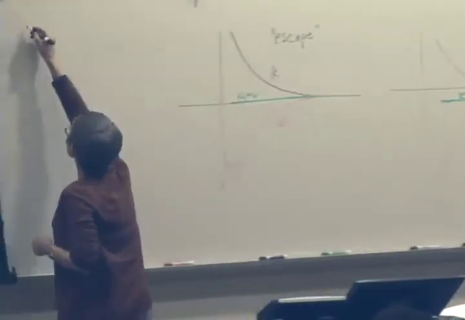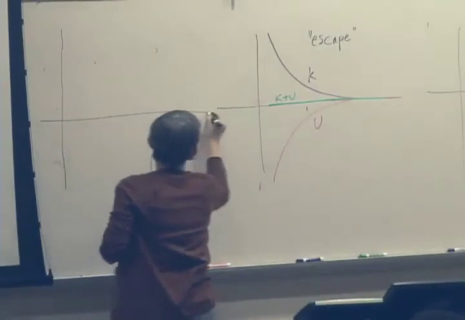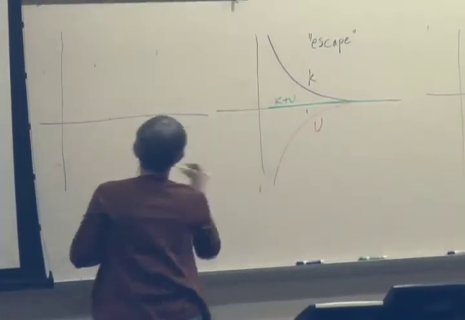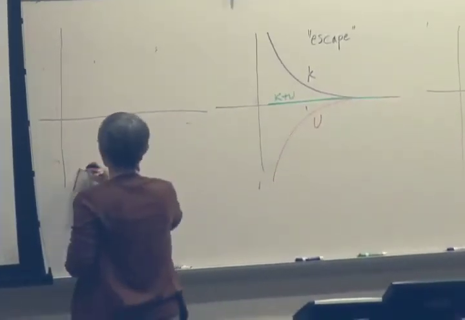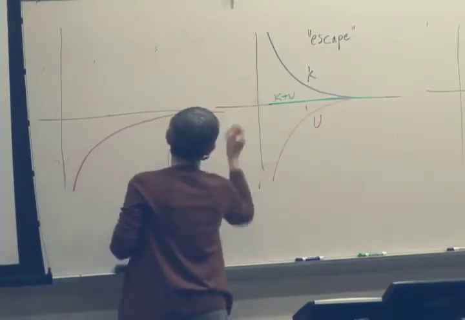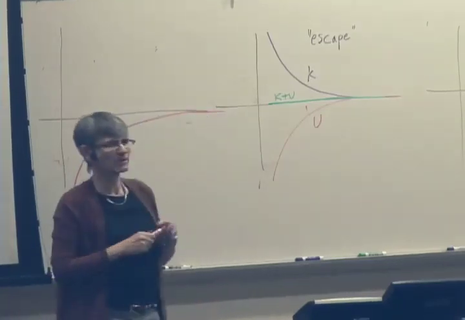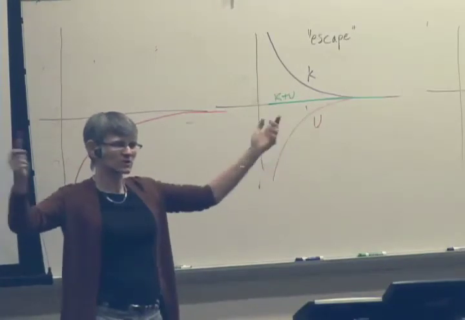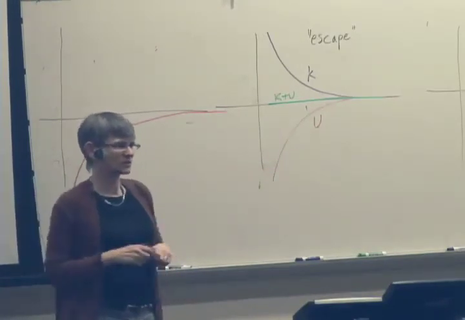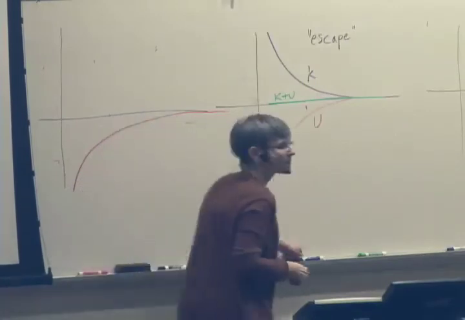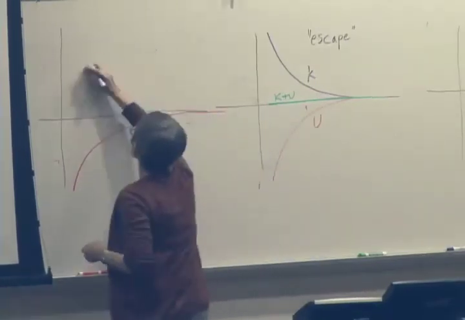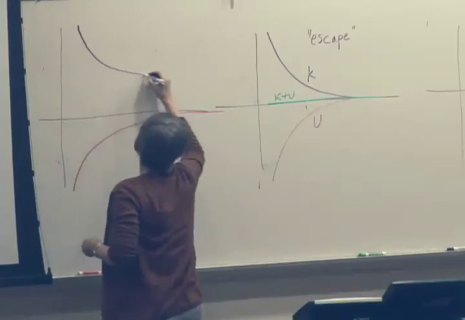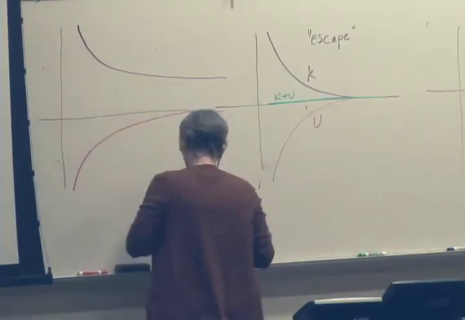What would the graph look like if the satellite or the comet, whatever it was, managed to get infinitely far away, but it wasn't at rest? It still had some energy, so it still had kinetic energy. It was still moving. Okay, so kinetic energy never gets to 0, so kinetic energy is going to look like that.